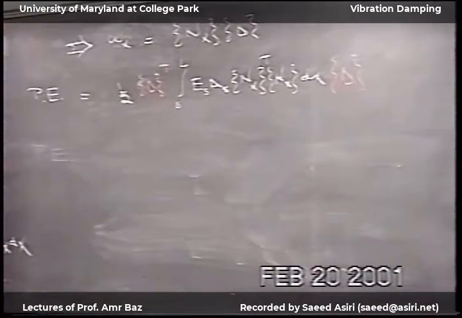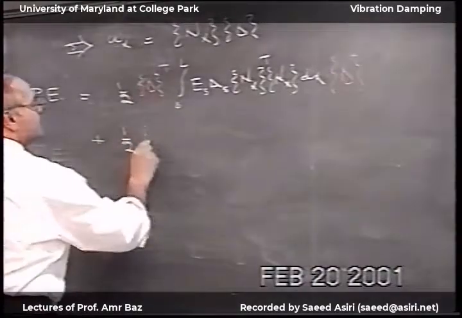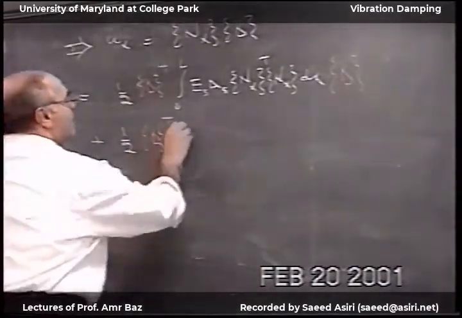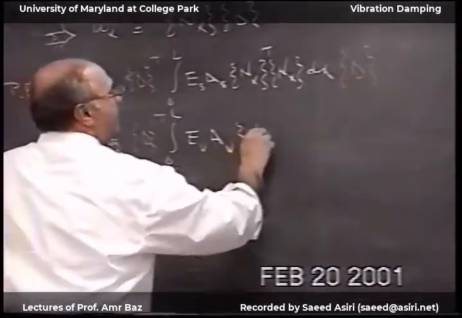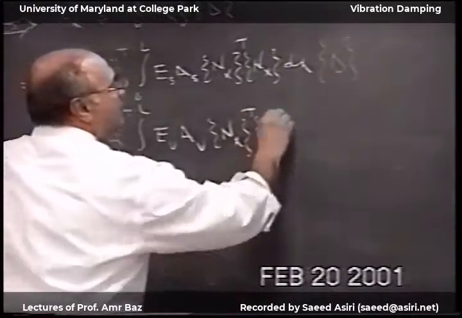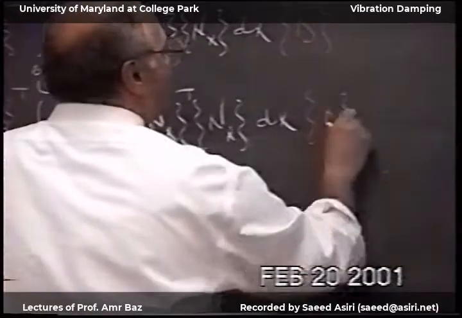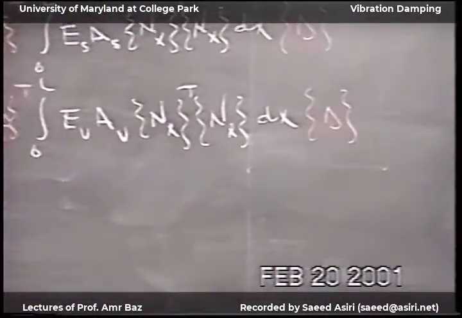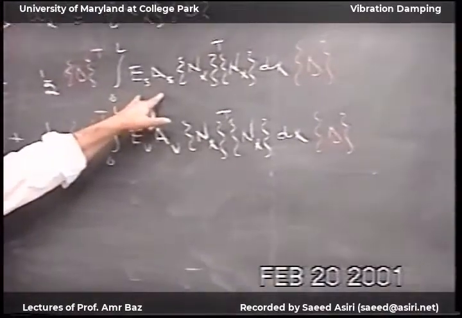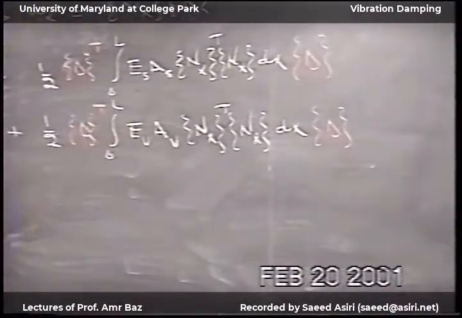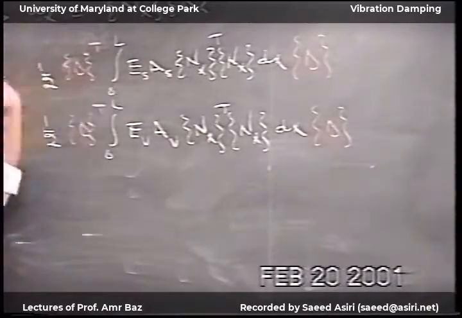And then I go to the second term for the viscoelastic. 1/2, the same story. Transpose N of x dx and then delta. And if I say the material distribution and the geometric distribution are uniform, then I can take this outside the integral.